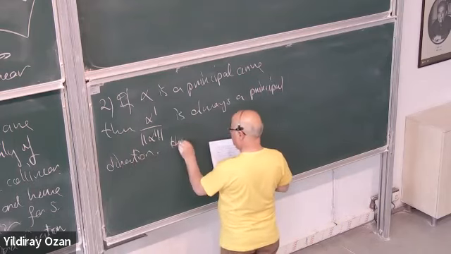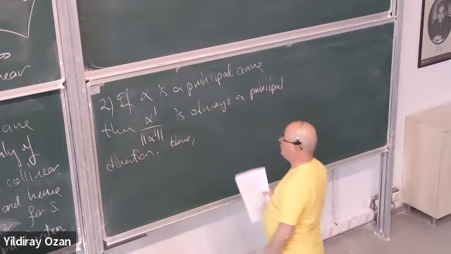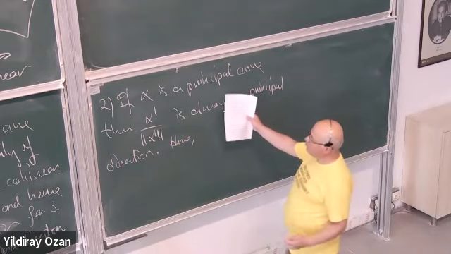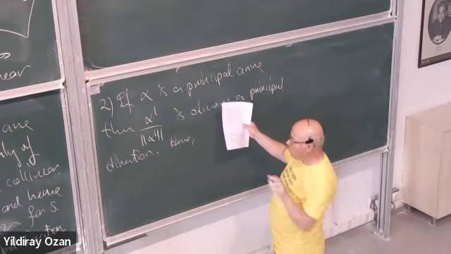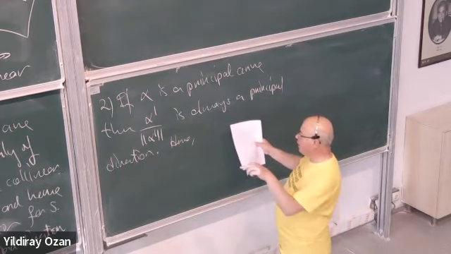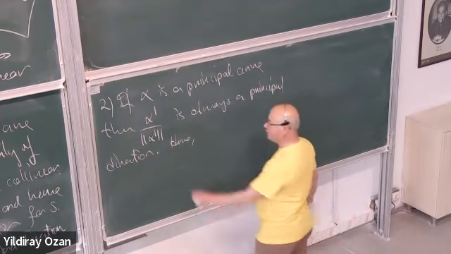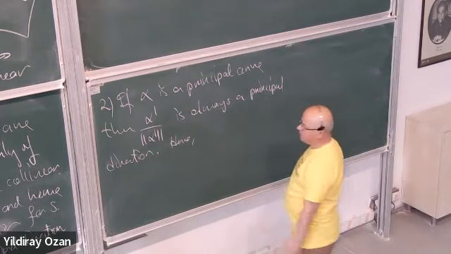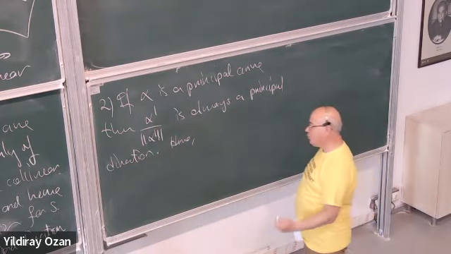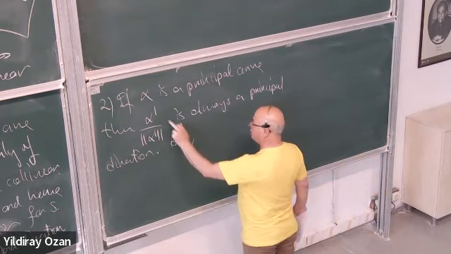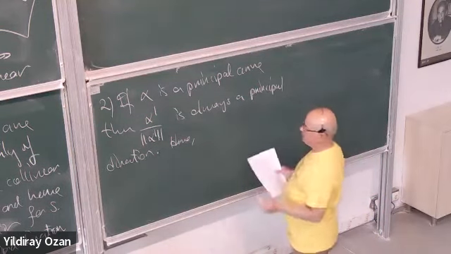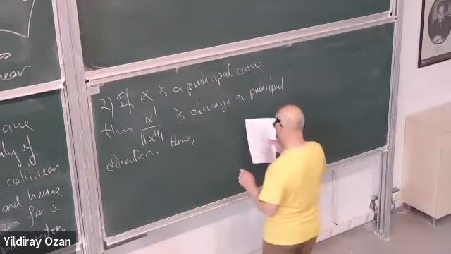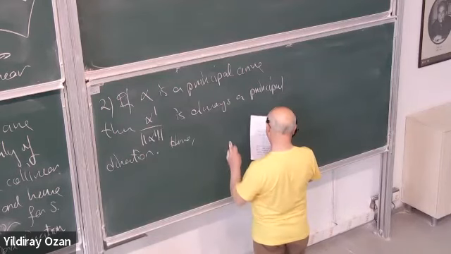Hence, right? Principal curve means its tangent vector is always parallel to a principal direction. Therefore, if you divide it by its length, then you get a unit vector in a principal direction. So it means it's a principal vector or direction.